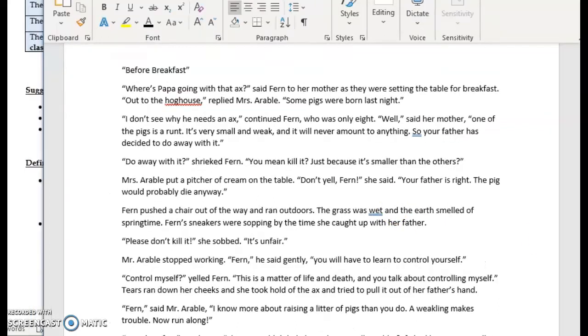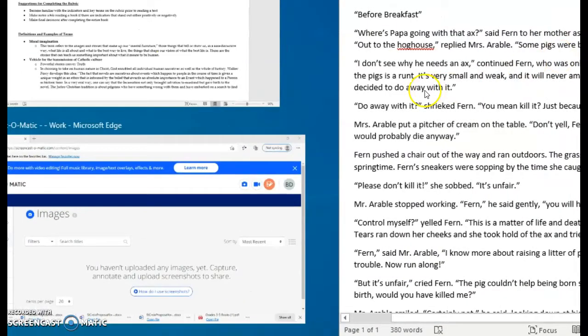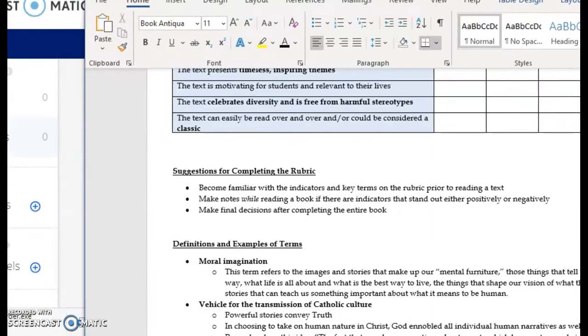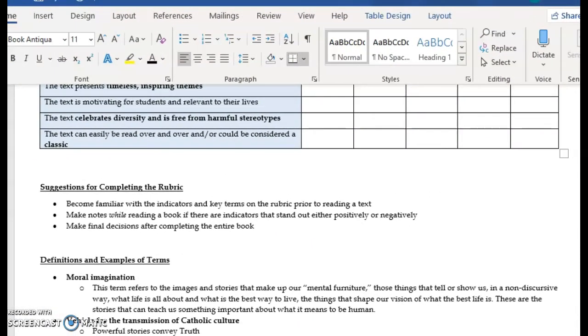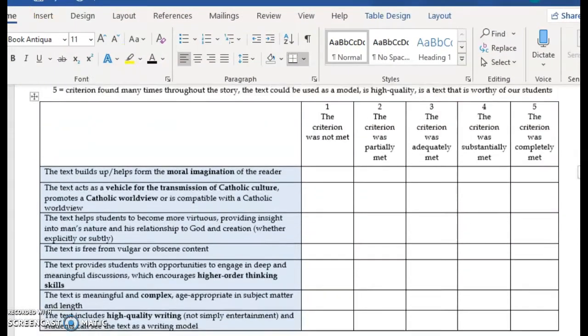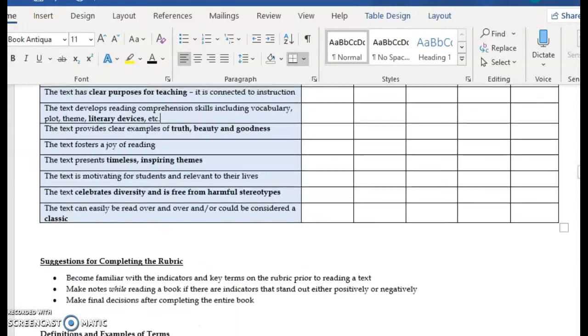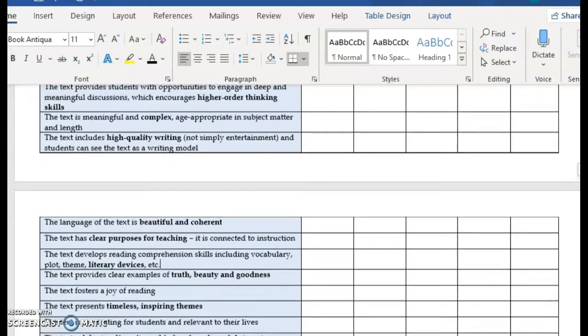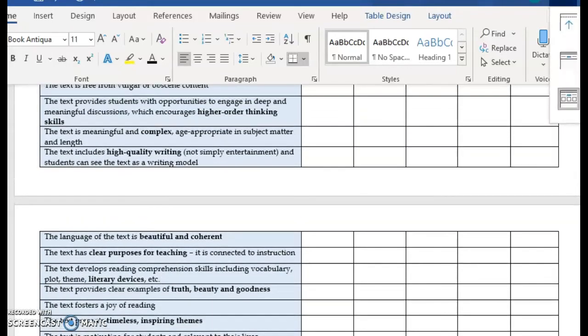Okay, I'm going to stop us there. Let's look back here at our rubric. As I said in the suggestions, you would not want to make your final decisions just based on that little snippet, but I'm just trying to walk through for you all the kinds of things that we're looking for.